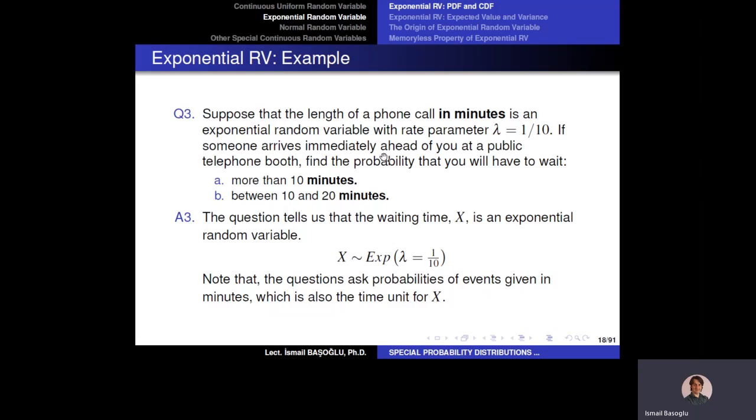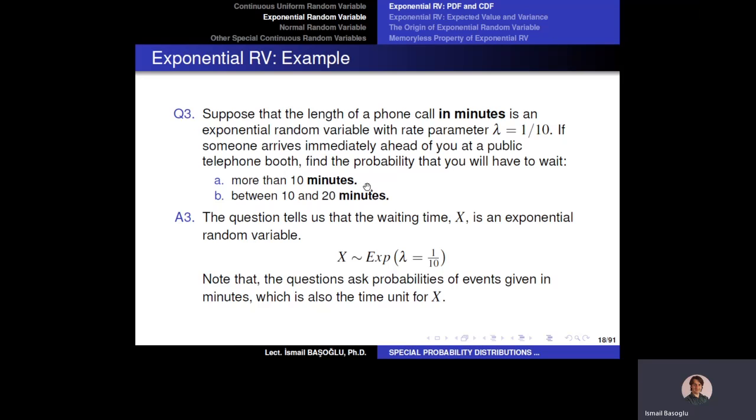If someone arrives immediately ahead of you at a public telephone booth, find the probability that you will have to wait more than 10 minutes. Okay, so just in front of you, just as you get in the queue, somebody else has moved forward and gotten in the telephone booth. So you need to wait until the telephone call of that person ends. Okay, so what is the probability that you will wait more than 10 minutes?